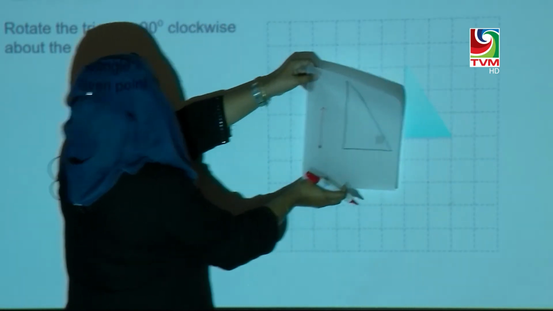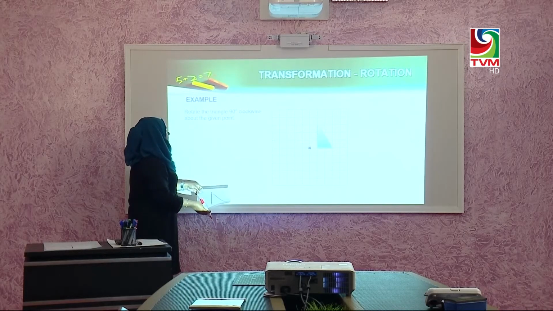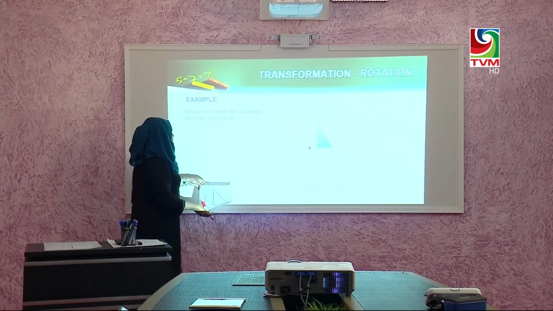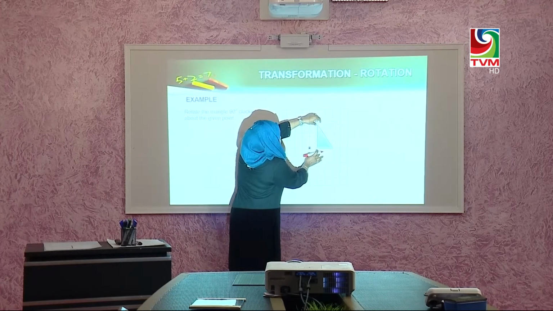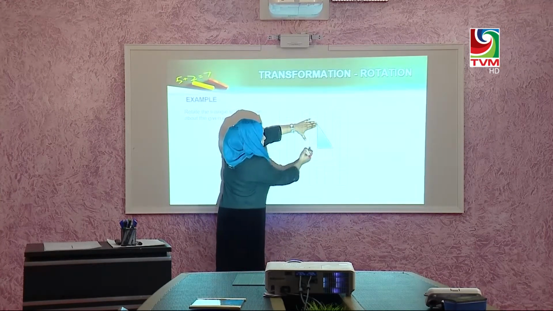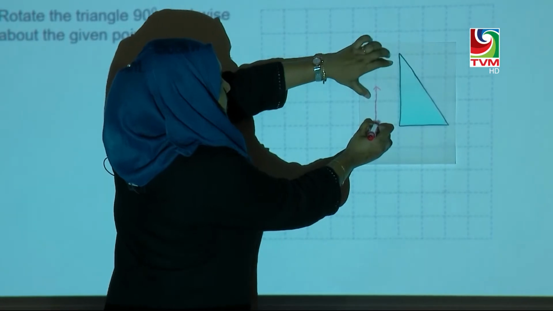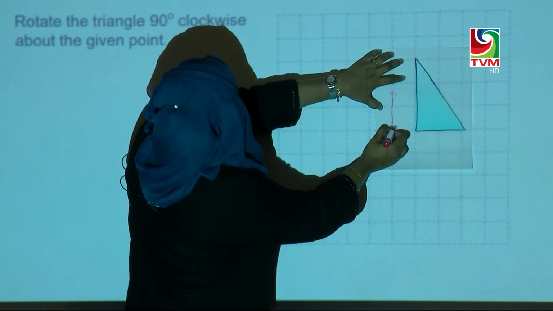Okay, now let's go back to our example. Our example says that we have to draw a 90 degree rotation about the point. I have already drawn the center. Now let's rotate this triangle according to our question.